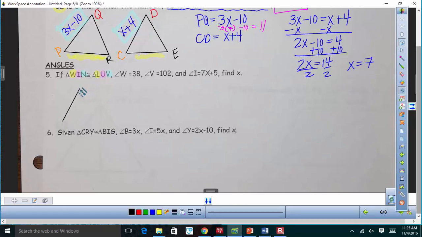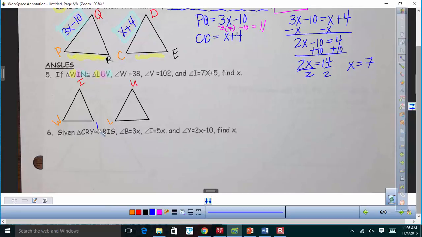So if I draw two triangles, I want to make sure all of those are in the same spot. So where W is in this triangle, I want L to be in this triangle. Where I is in this triangle, I want U to be in this triangle.